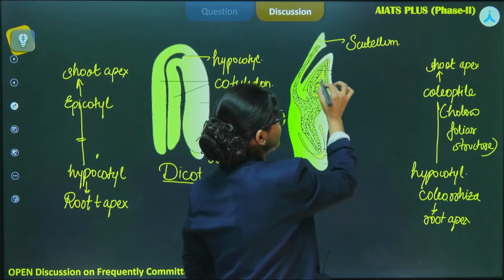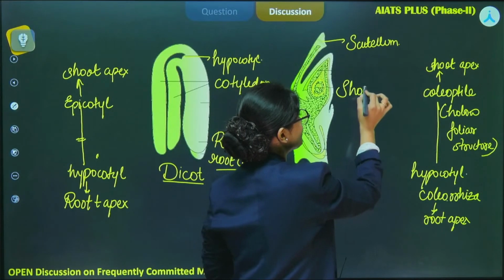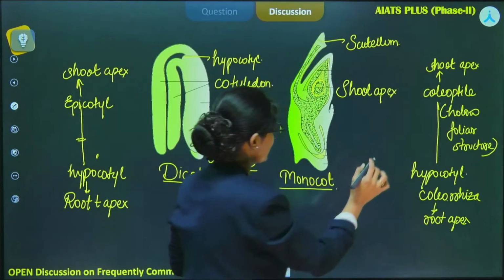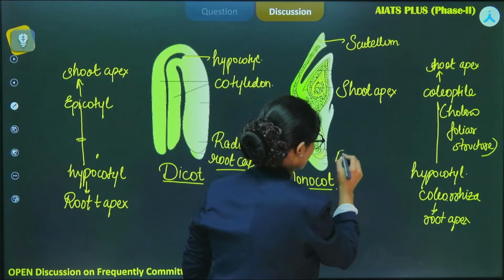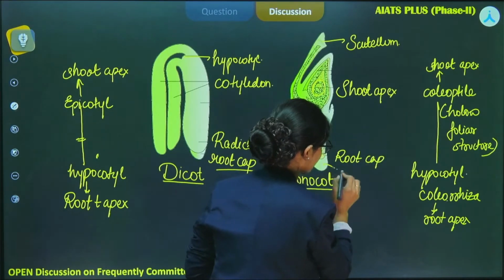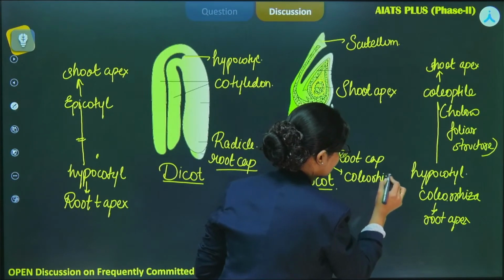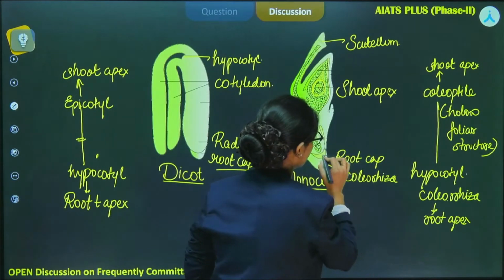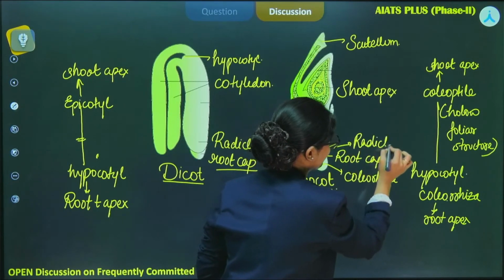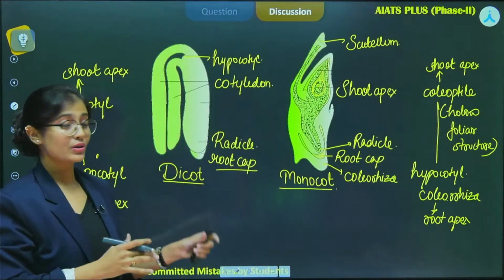This region, which we can see here, is the shoot apex. This is the root cap, which is enclosed in the coleorhiza, and above this is the radicle.